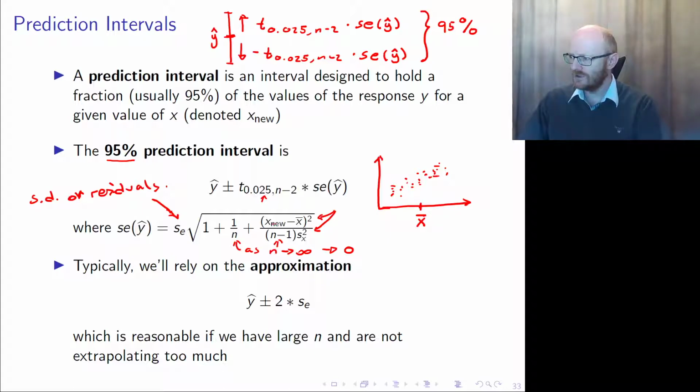And if you choose a new x, far away from the average x, then this numerator will be quite large, and it's measured in standard deviation of x. Let's see.